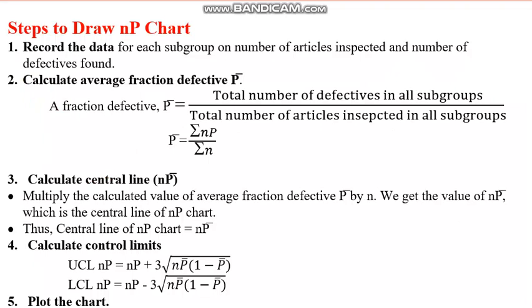That is sigma NP upon sigma N. Now for the central line, you multiply the calculated value of average fraction defective P bar by N, and we get the value of NP bar.